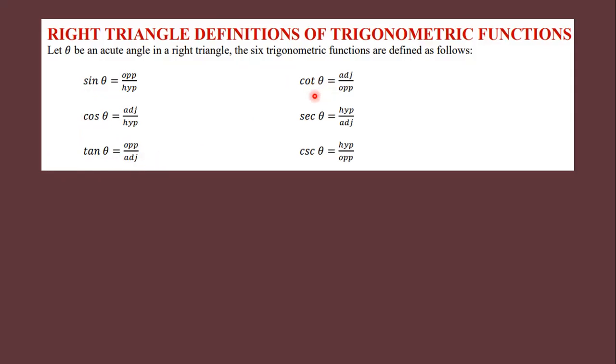Cotangent theta, the reciprocal of tangent, is equal to adjacent over opposite. Secant theta, the reciprocal of cosine, is equal to hypotenuse over adjacent. And cosecant theta, the reciprocal of sine theta, is equal to hypotenuse over opposite.